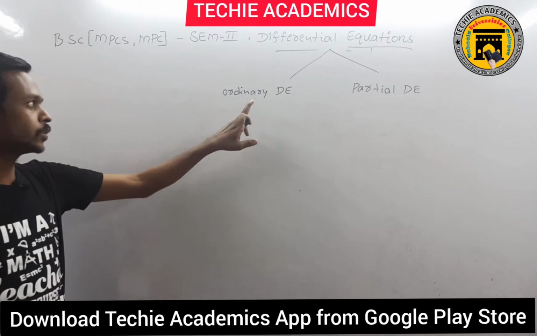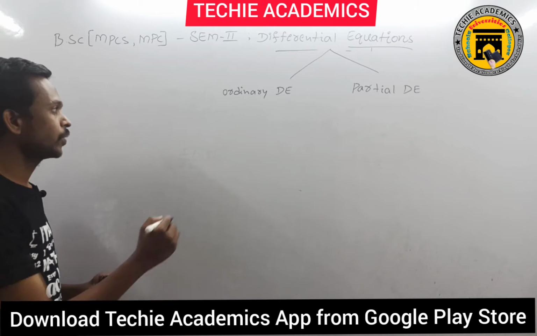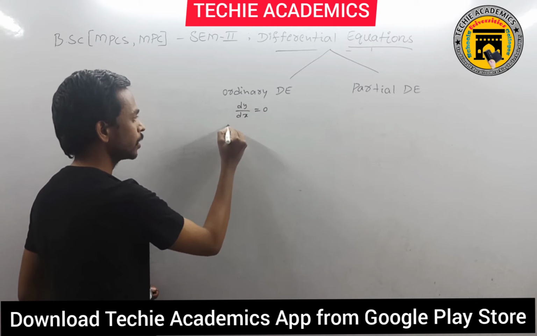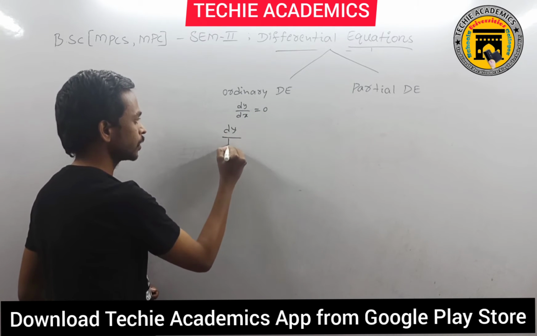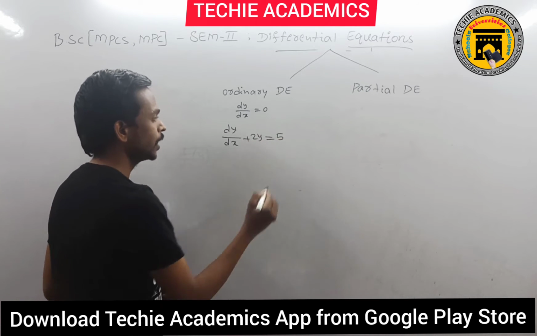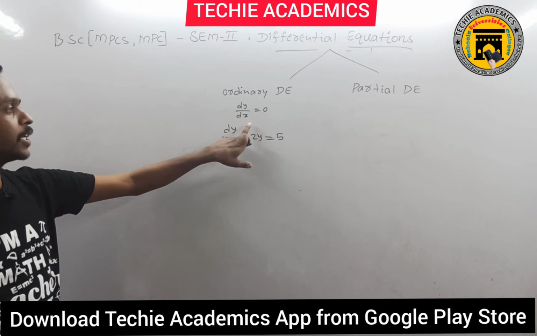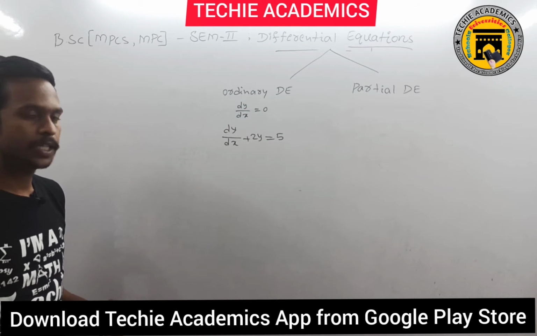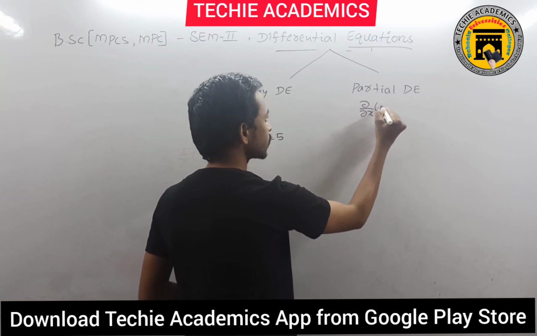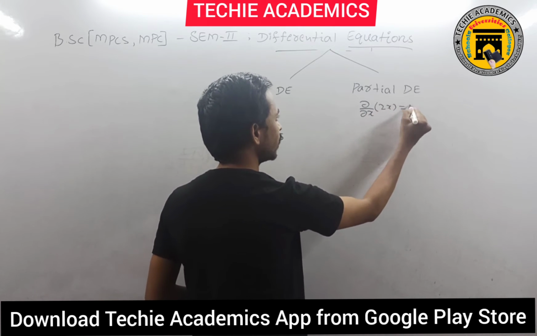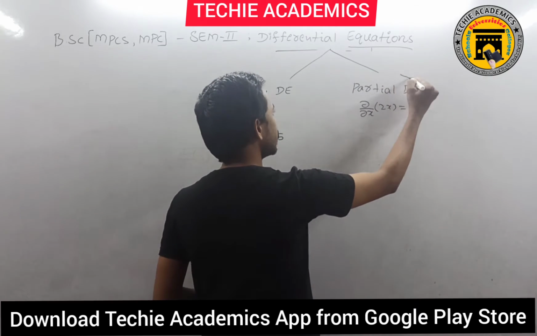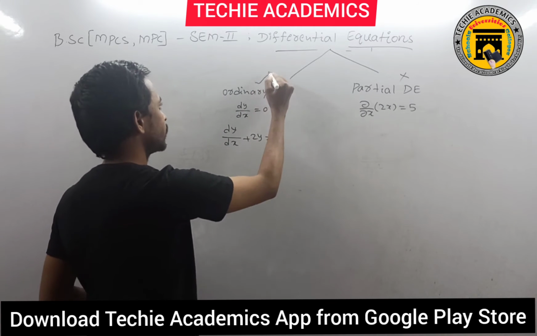Ordinary differential equations are of the form dy by dx is equal to 0, or dy by dx plus 2y is equal to 5. If a normal derivative is there, that is an ordinary differential equation. If it is like dou by dou x of some 2x is equal to 5, this is a partial differential equation.